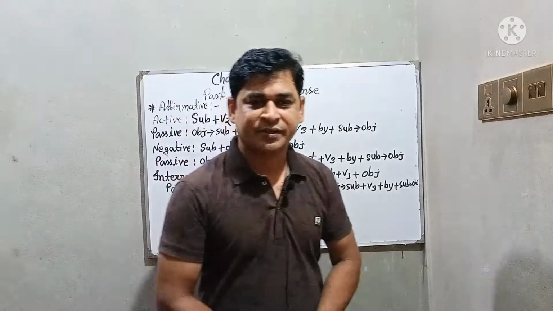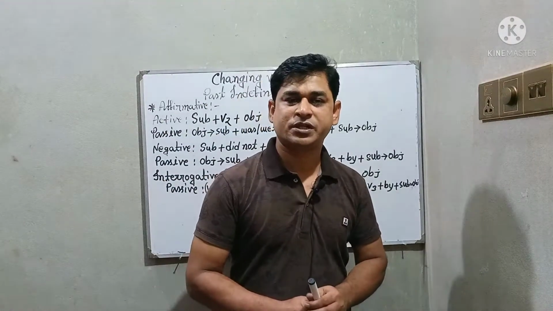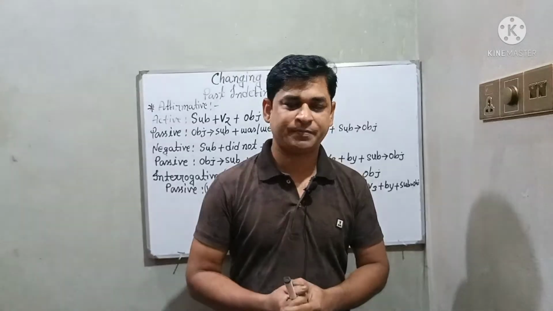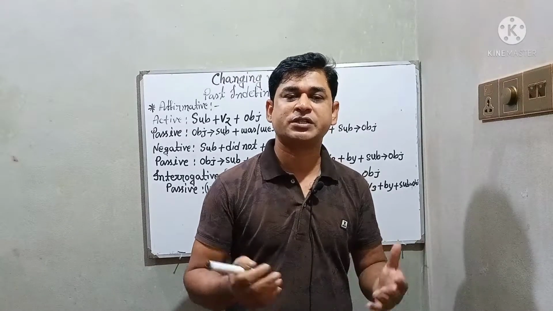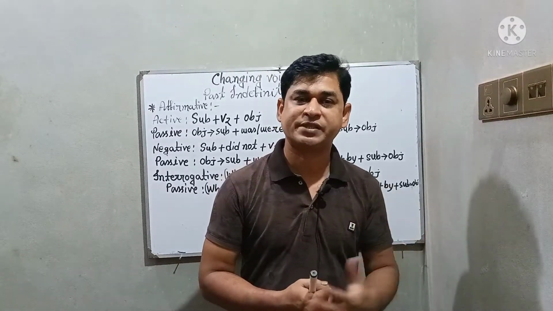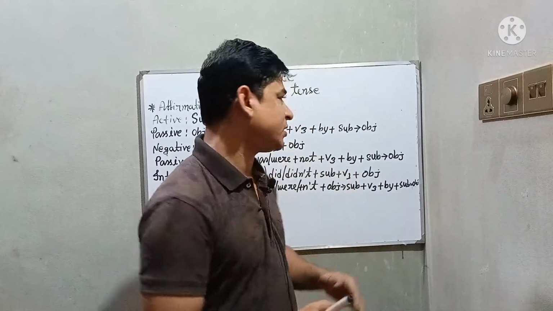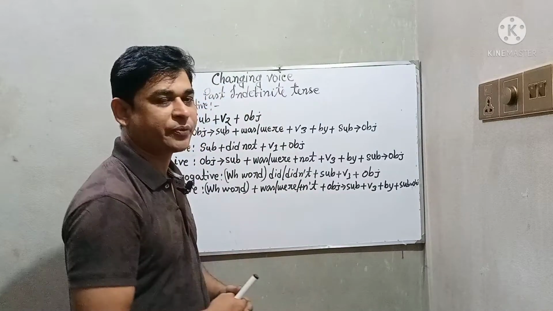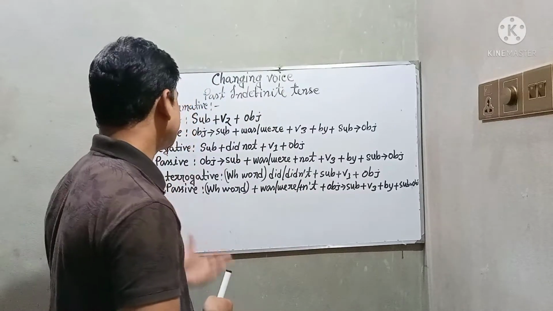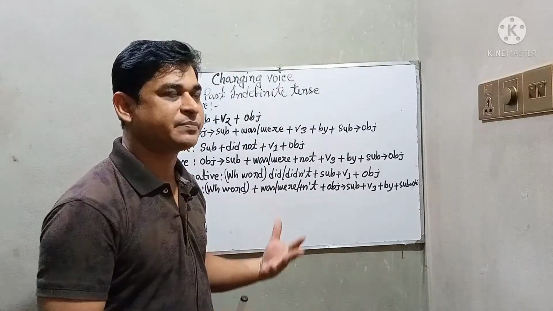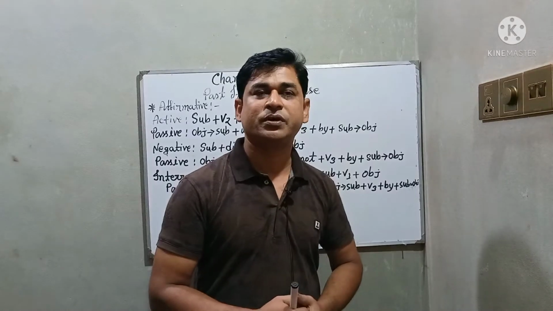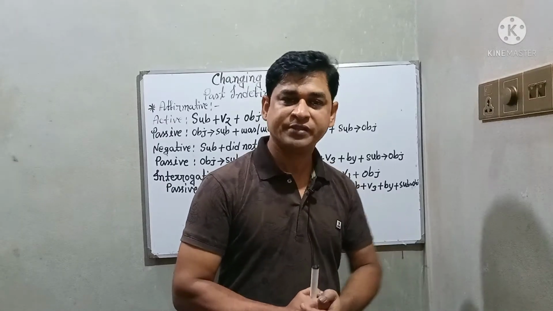Dear students, earlier we discussed present indefinite tense and the structure of changing voice according to present indefinite tense. Today we are going to discuss past indefinite tense, and we will learn the structure of active voice and passive voice according to past indefinite tense.